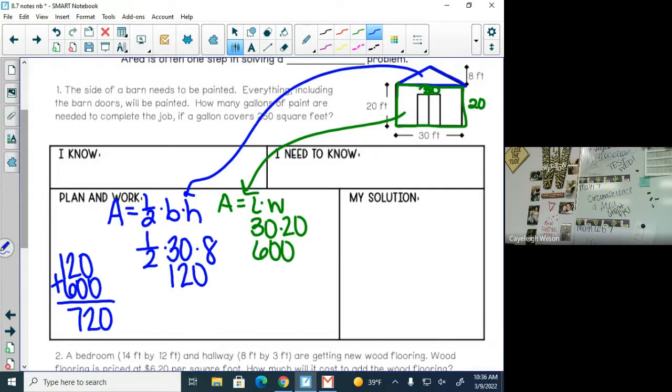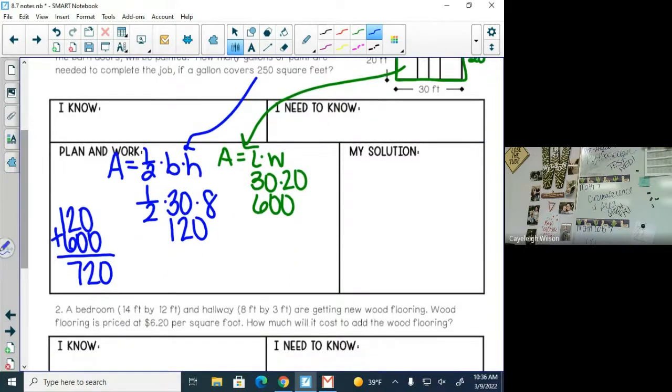It asked me how many gallons of paint are needed to complete the job if 1 gallon covers 250 square feet. So what you can do to find that is you can take 720 and divide it by 250, because I know that 1 gallon is going to cover 250. So I'm going to divide it by 250 to see how many gallons are in 720.